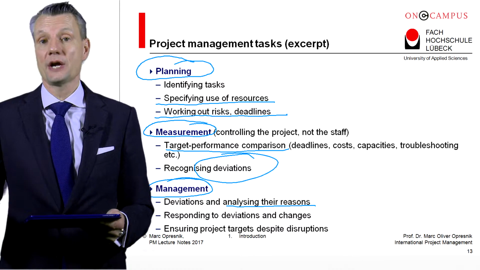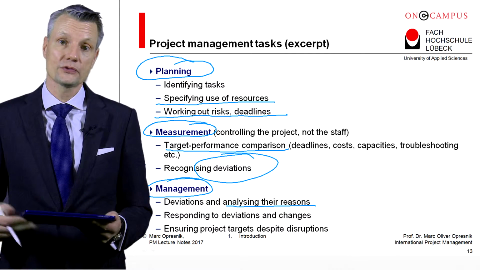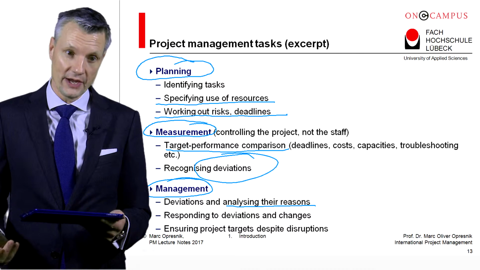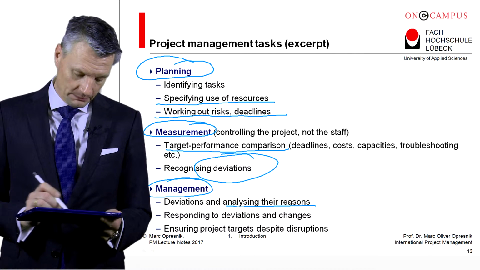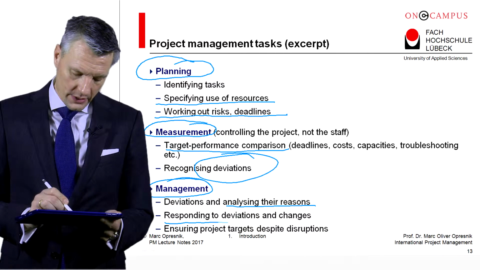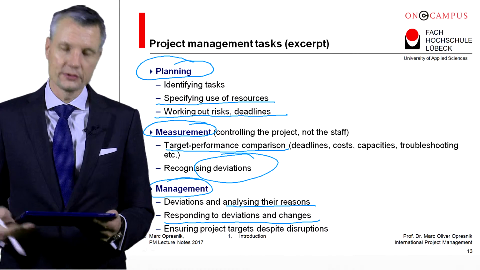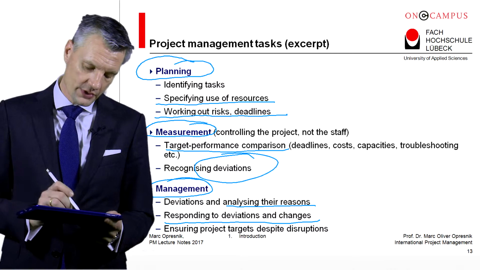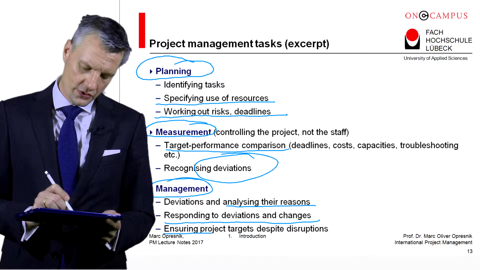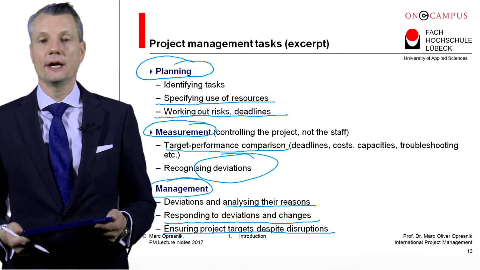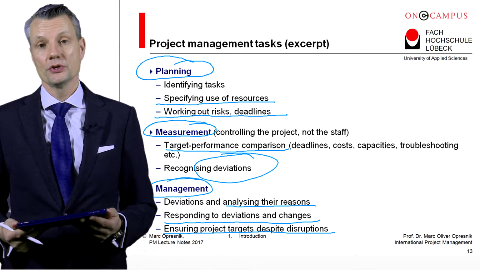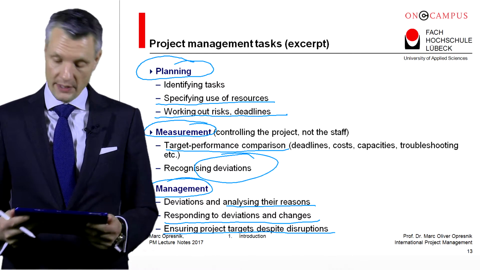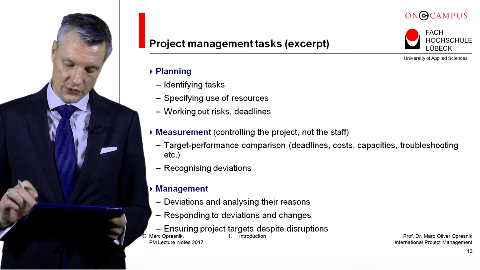Probably you need more time to carry out a certain kind of task, or you need external advice or support. You have to respond to those deviations and changes, and of course, finally, you have to ensure that you achieve and accomplish your targets, although there may be deviations or changes.